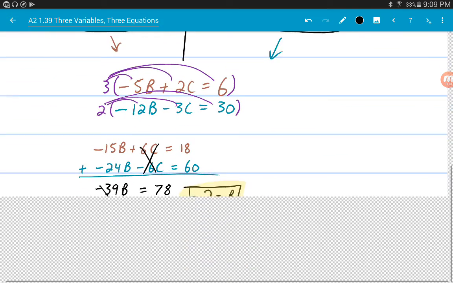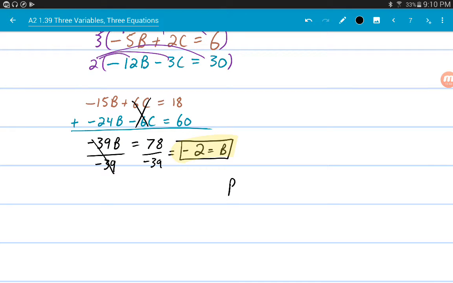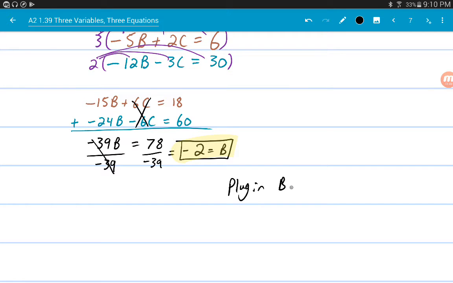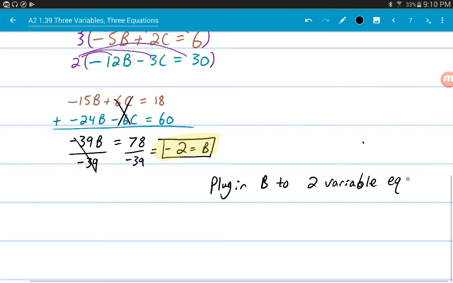Okay, so let me reiterate that. Plug in b to a two-variable equation.